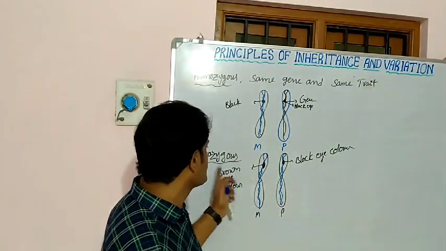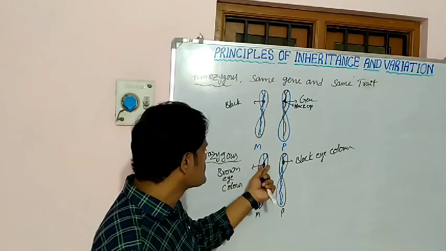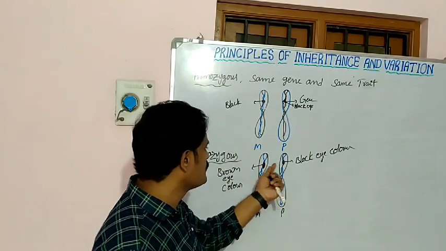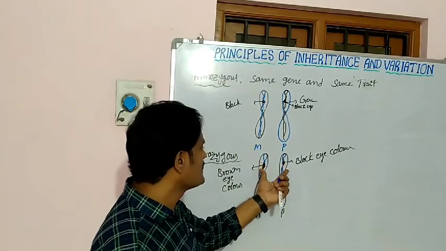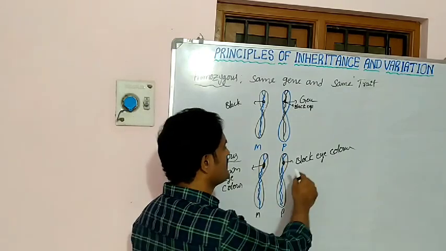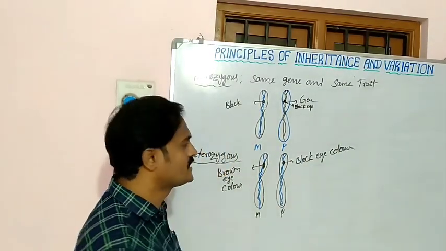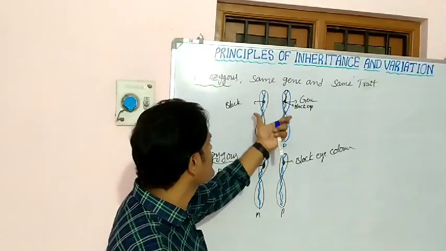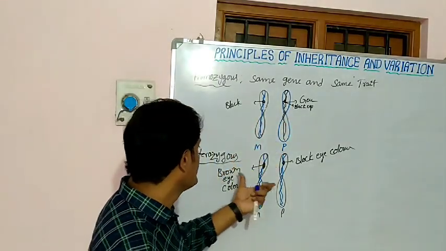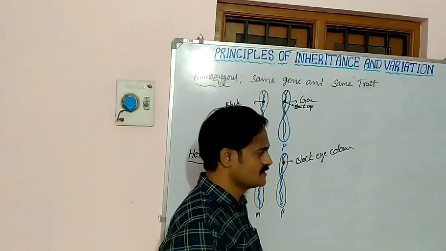Remember. But in the same genes, where the genes have different traits, that is called heterozygous. Homozygous chromosomes and also heterozygous chromosomes.